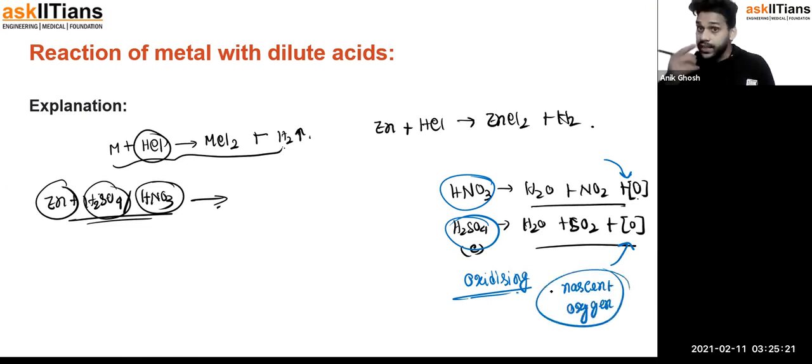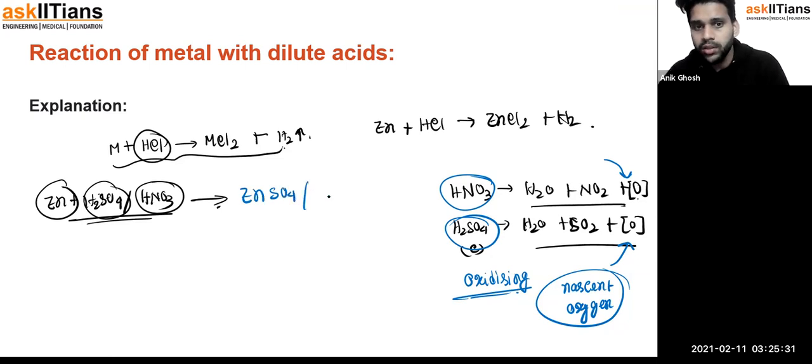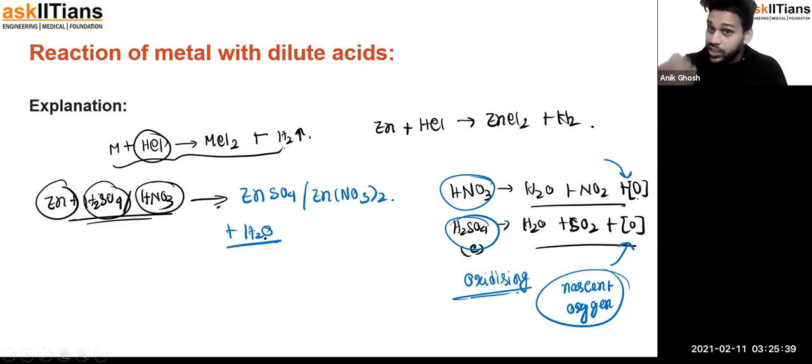Now, for them, we get the result as ZnSO4 or Zn(NO3)2 plus H2O, not H2 anymore. For them, we get H2O, not H2, because the hydrogen is getting oxidized over here.